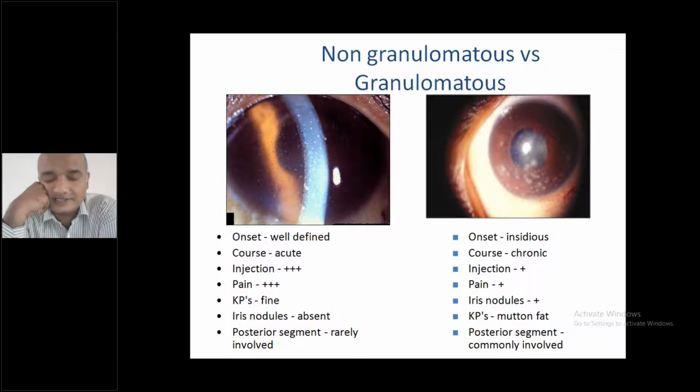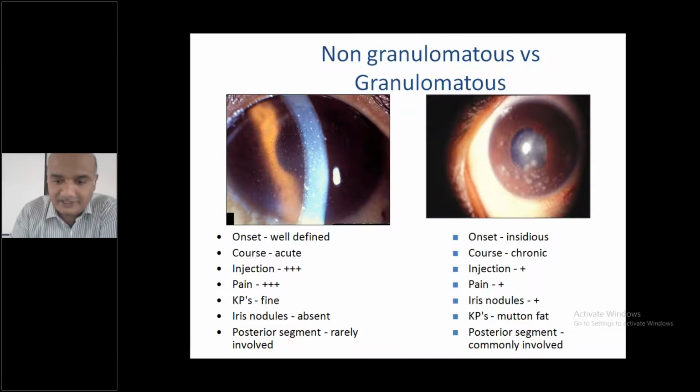All chronic conditions commonly involve granulomatous uveitis, and examples are syphilis, tuberculosis, toxoplasmosis, sympathetic ophthalmia, brucellosis, sarcoidosis.